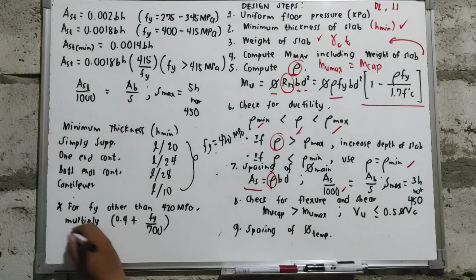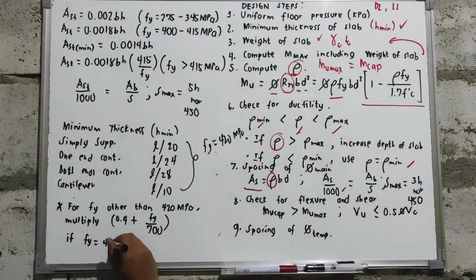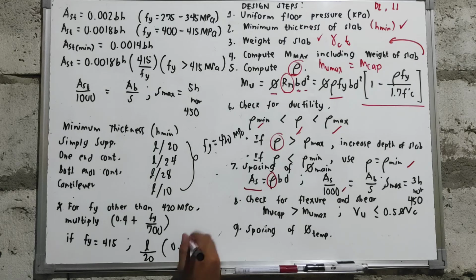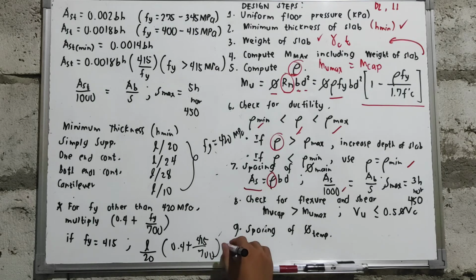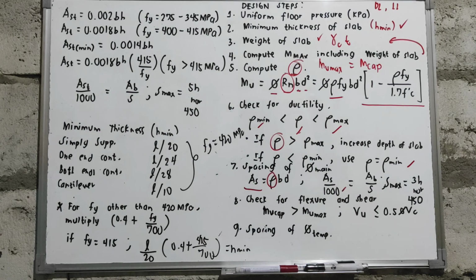So let's say yung Fy natin that is 415 megapascal. So gagawin natin yan is L over 20 for simply supported, times 0.4 plus 415 over 700. So this will be the formula in computing for the value of your h minimum. So let's have a sample problem para lalo nating ma-visualize yung design steps natin sa pagde-design ng one-way slab.